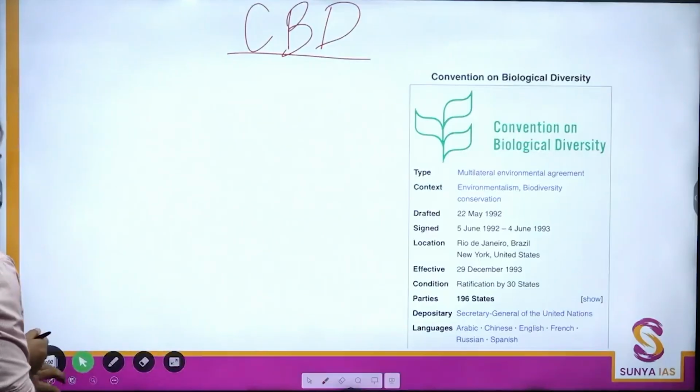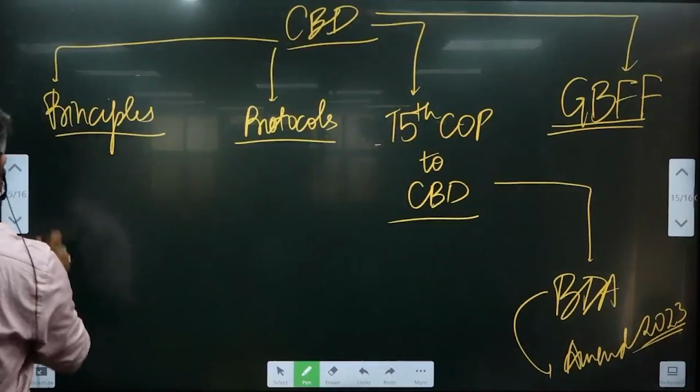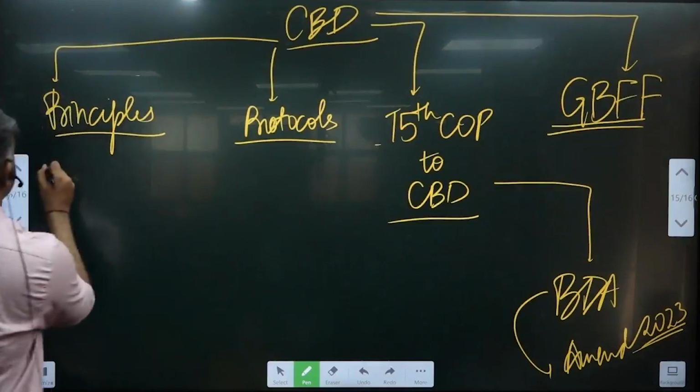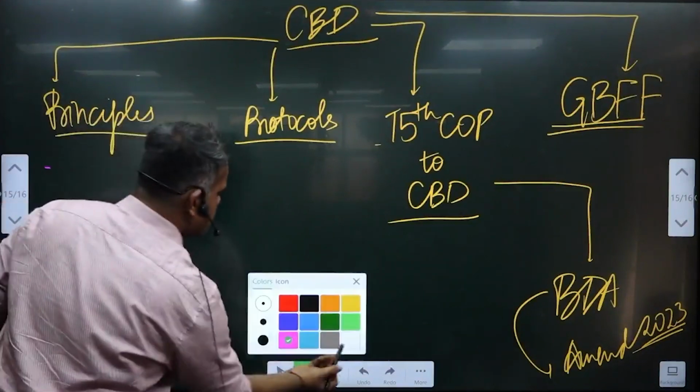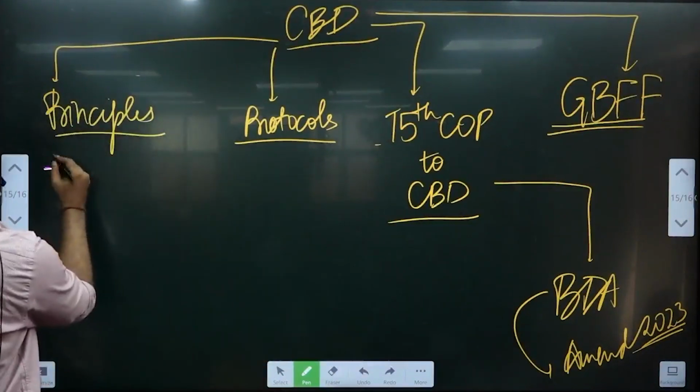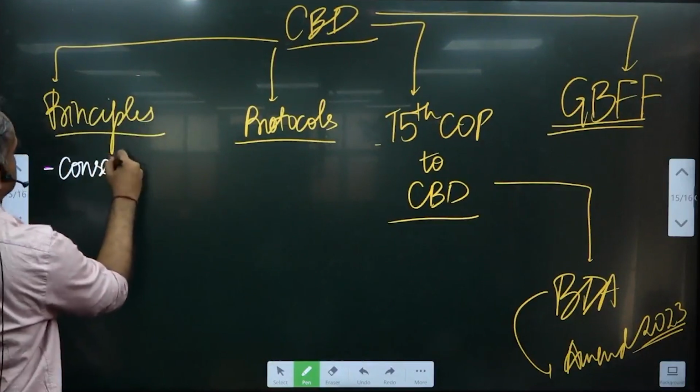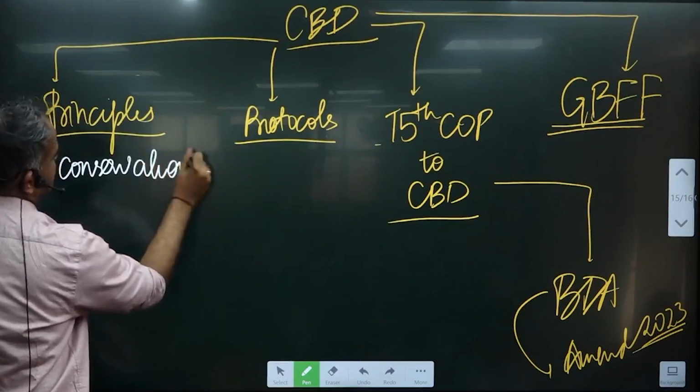So I'll just firstly mention a couple of things here. In principles, it will talk about conservation of biodiversity.